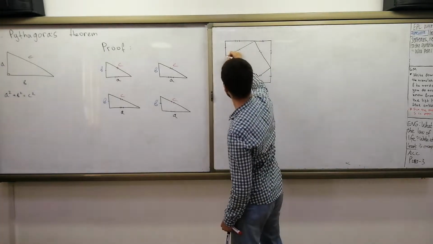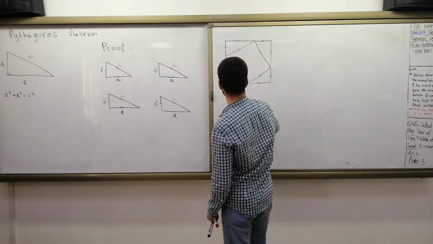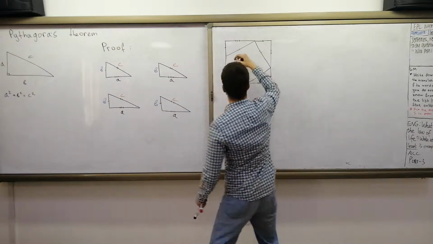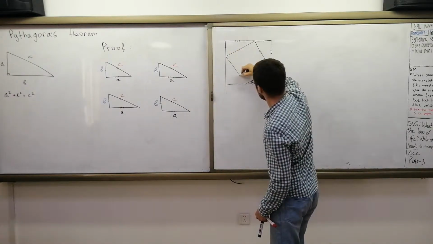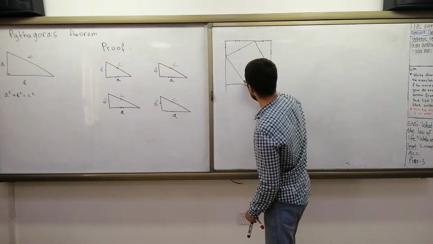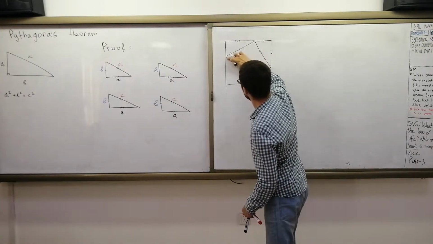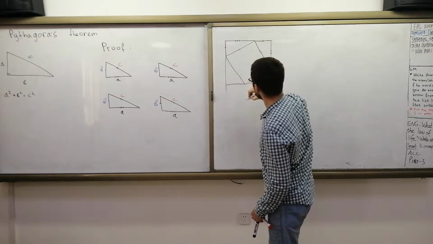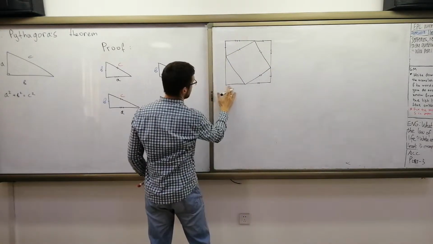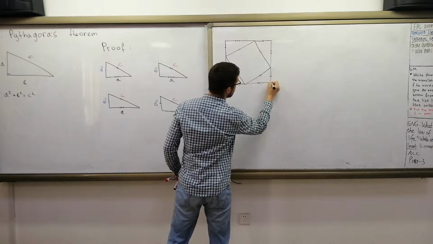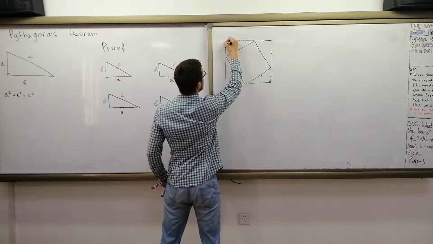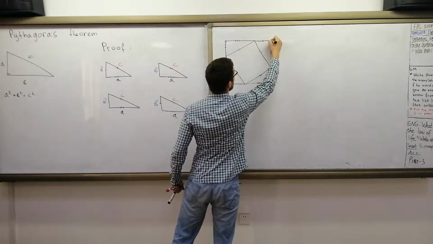Okay, so here is my side 1, 2, finally the third one. Okay. All right, so I know that these four triangles are right triangles, right?